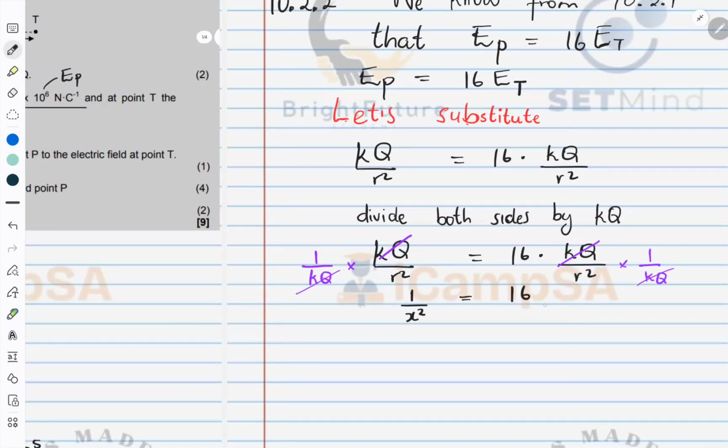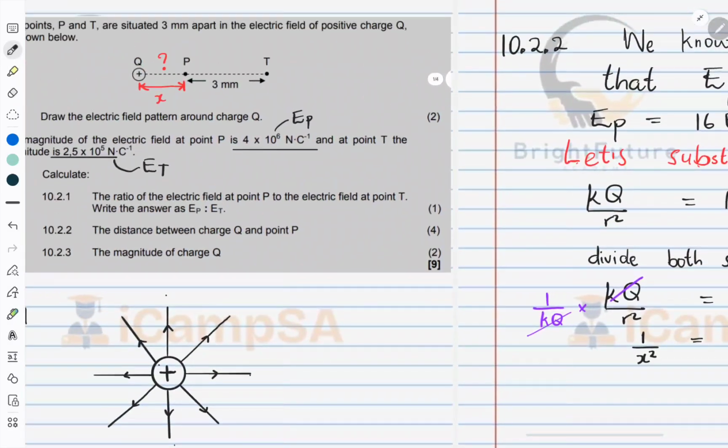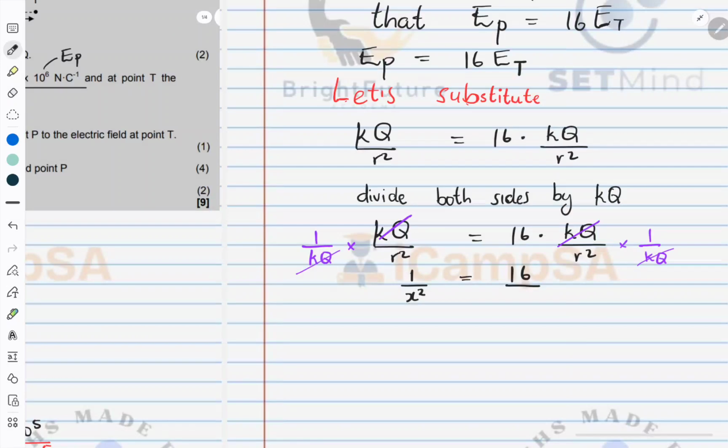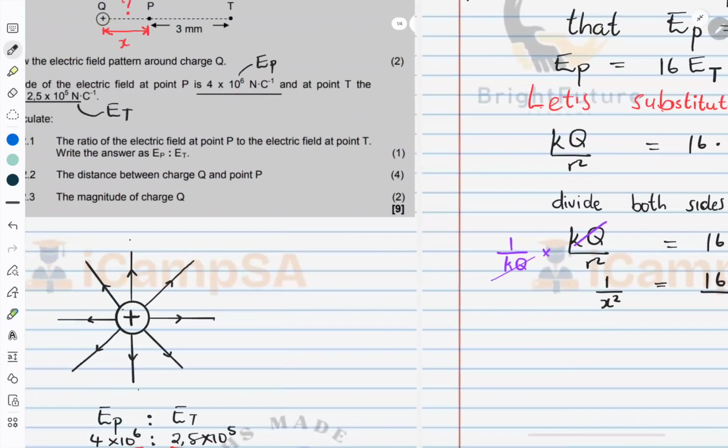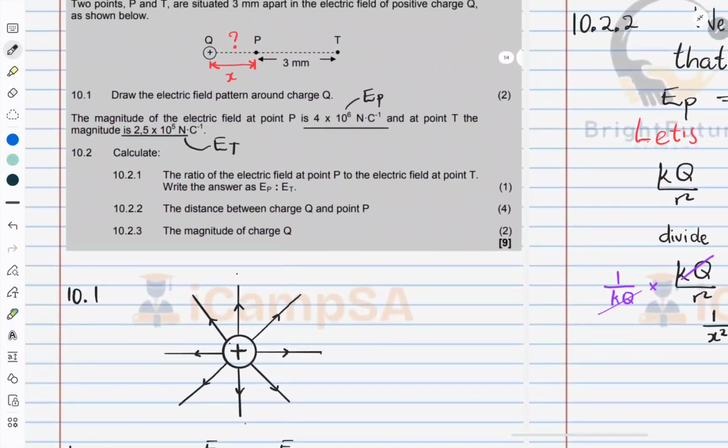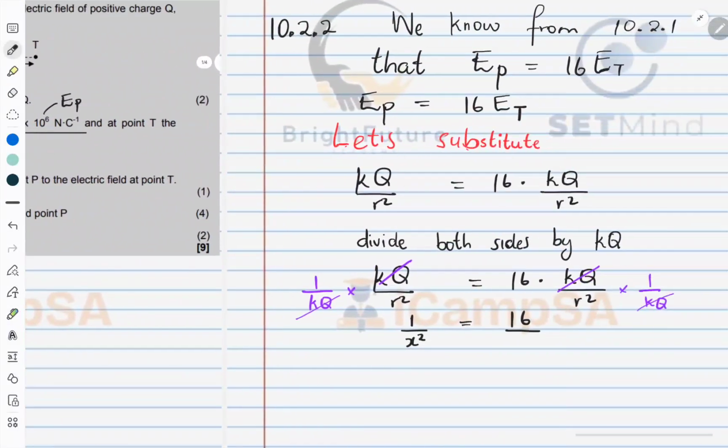We'll have 16 over, we know the distance from Q to T will be just x plus 3. So this will be x plus 3 all squared.